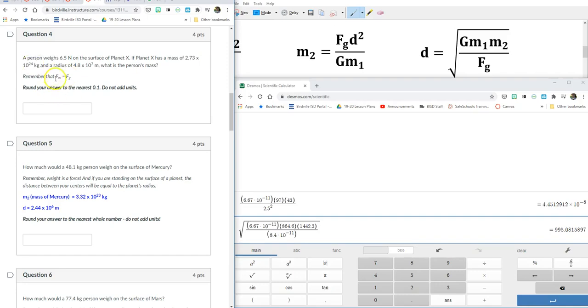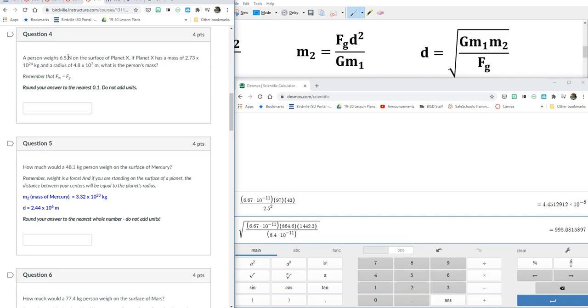And I've got a little reminder here. Remember that weight is a force, and your weight is equal to the gravitational force between you and the planet that you're standing on. So in this case, our weight, 6.5 newtons, is the gravitational force between the person and the planet.